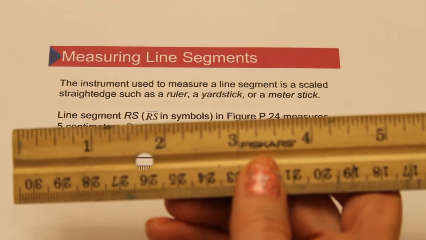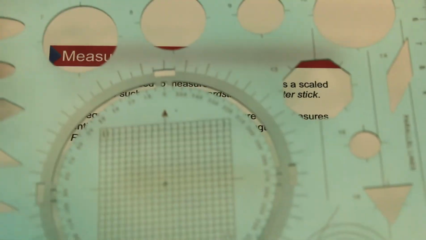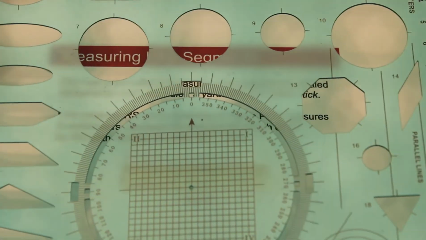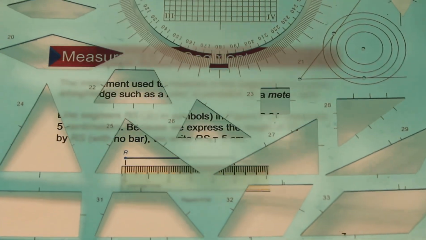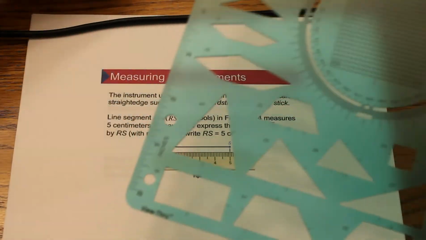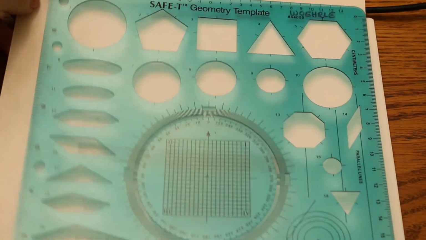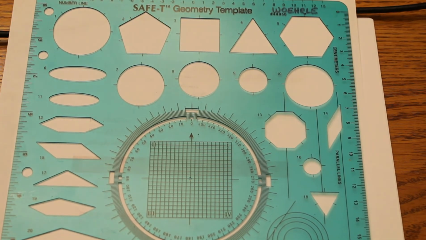Now, for those of you that really want to get serious about geometry, there is this template so that you can draw your triangles and rectangles, and it is very good for drawing very neat notes. You can get that at most school supply stores, or you can certainly get it online.